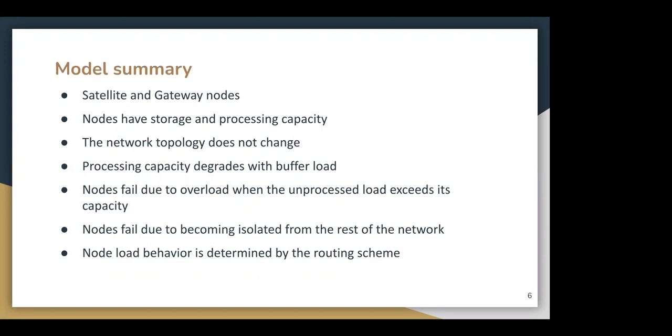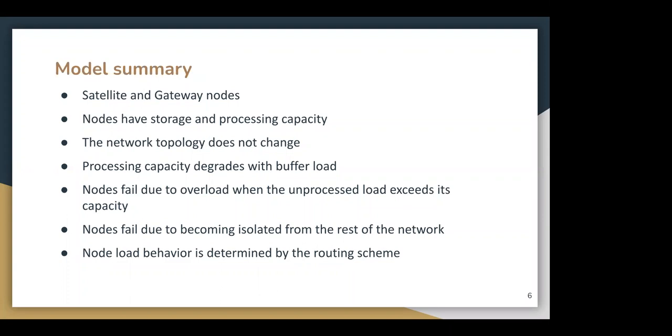Also, nodes will fail due to overload when the unprocessed load exceeds the capacity. Also, nodes can fail because they become isolated, which is fairly reasonable. If they cannot send data anywhere, then they are considered to have failed. And the node load behavior, I mean, how the loads move within the network, is determined by the routing scheme.